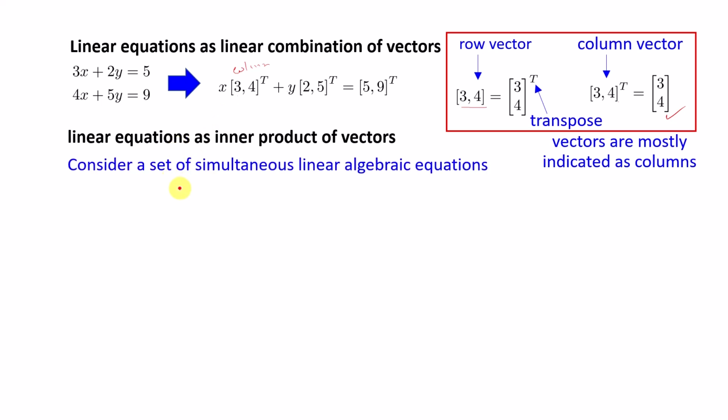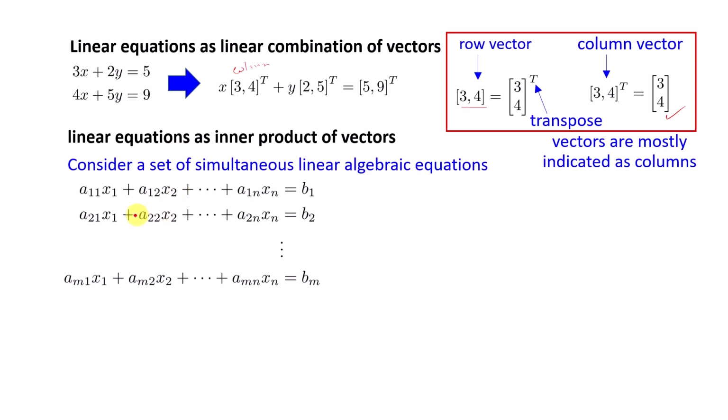So let us say a set of simultaneous linear algebraic equations which we have seen before: a11 x1 plus a12 x2 up to a1n xn equals b1, a21 x1 plus a22 x2 up to a2n xn equals b2, etc., am1 x1 plus am2 x2 up to amn xn equals bm. Now let us define the following vectors. One vector is this vector x, a column vector, x1, x2, etc., up to xn.